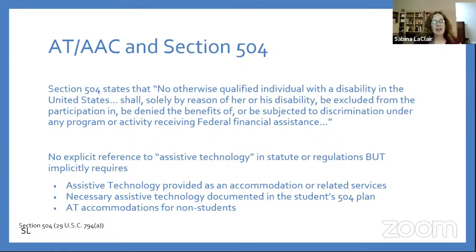So Section 504 does not explicitly state or reference AT, but states that all qualified individuals with a disability cannot be excluded from participation, benefits, or subjected to discrimination by any program that receives federal money. This includes schools and many other programs that our students participate in. The main point of this act is that it gave equal access to all individuals.